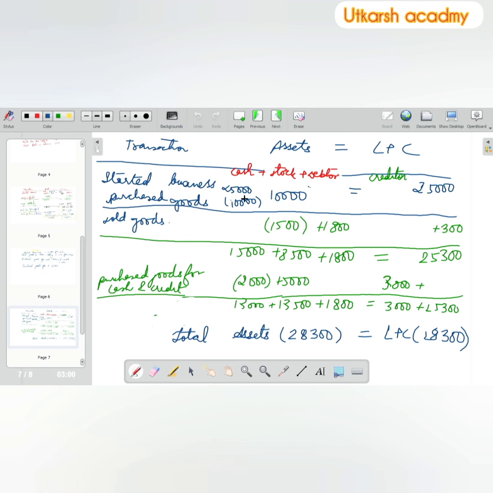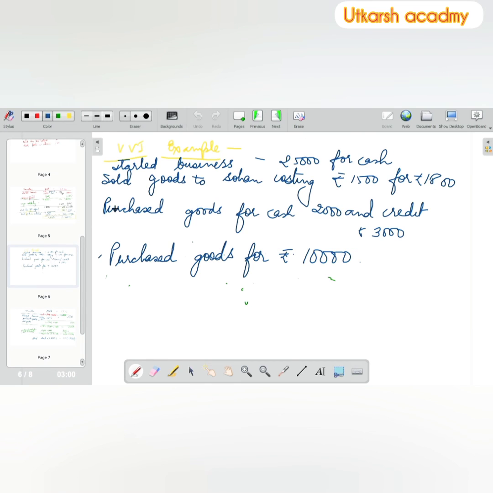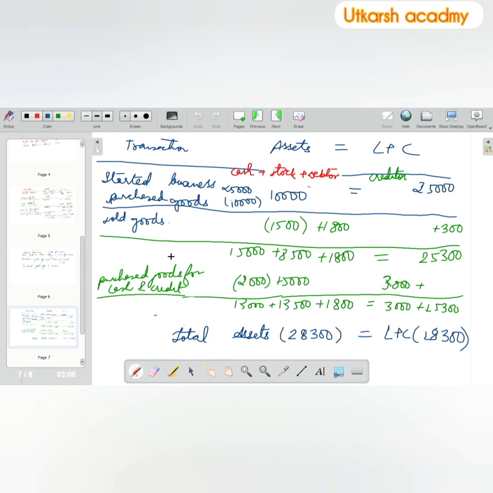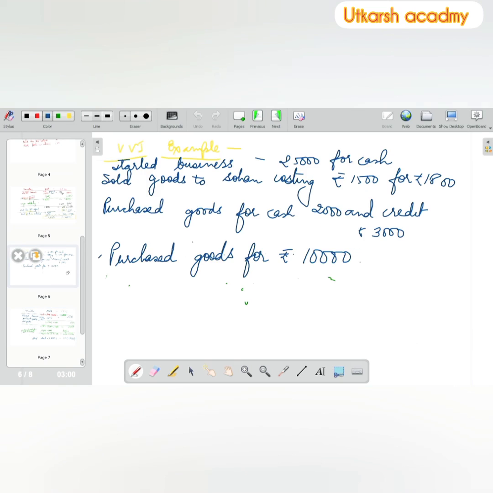Fine. The next, purchase goods for rupees 10,000. Means stock will increase by 10,000 and cash will decrease because we are paying for it. Okay. So cash will decrease and stock will increase. Fine. Purchase goods for cash 2,000 and credit 3,000. See, this transaction is very much important.